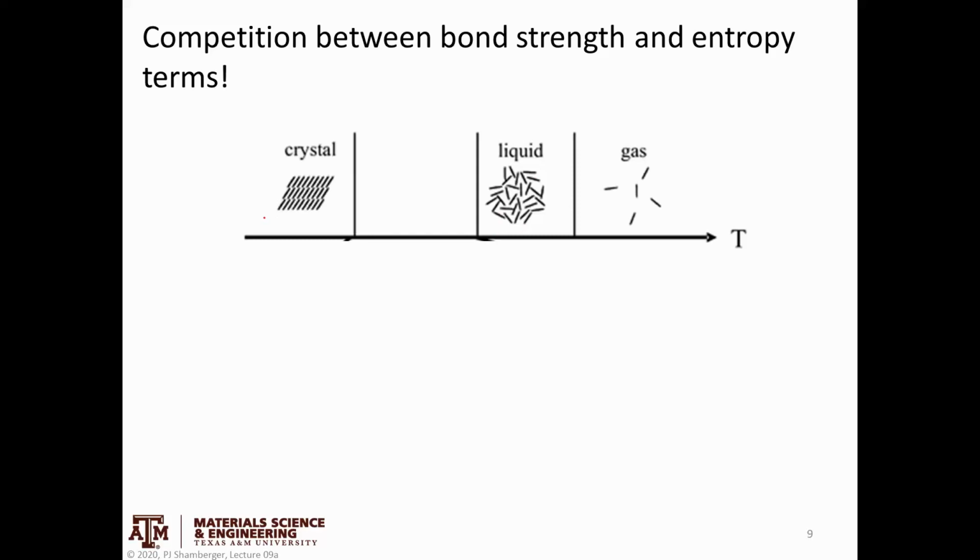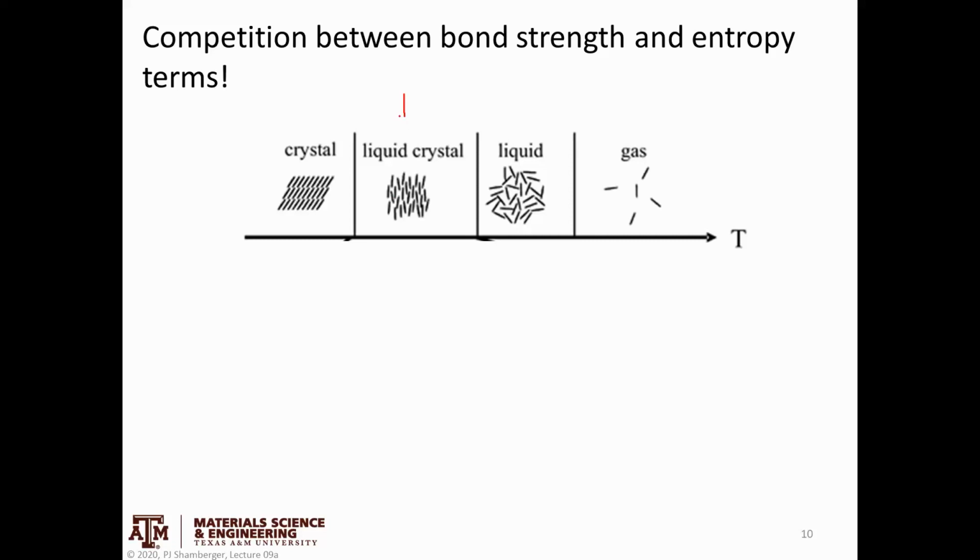Then traditionally, at some temperature, if we get low enough, that liquid will crystallize into a crystalline solid. In a crystalline solid, the terms related to bond strength tend to win out over the temperature-based entropy terms. That means there's not enough energy in the system to overcome the localized potential energy well that is fixing each of these units in place.